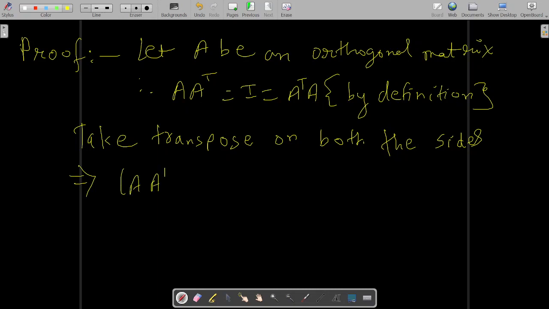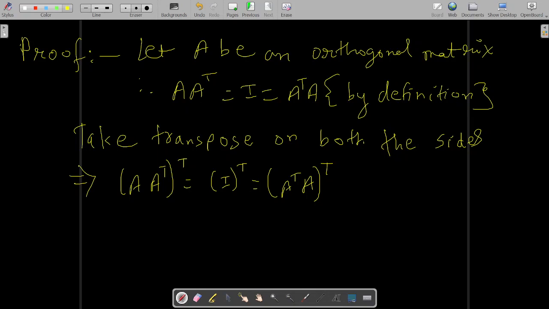We will take its transpose, then A transpose A, we will take its transpose, right? Then I had told you one property of transpose. Which property of transpose did I tell you?